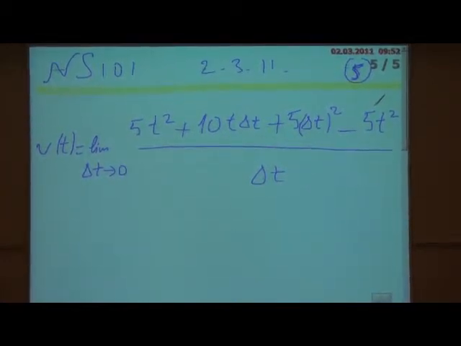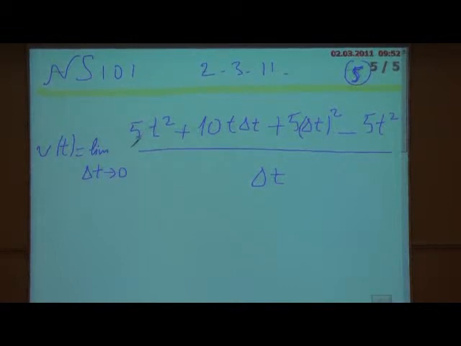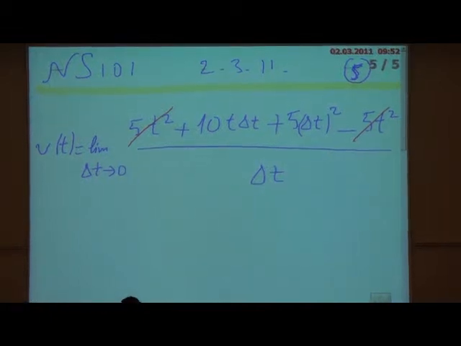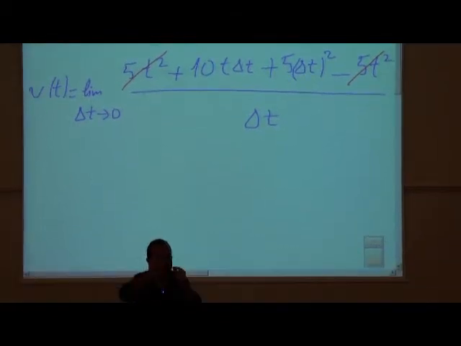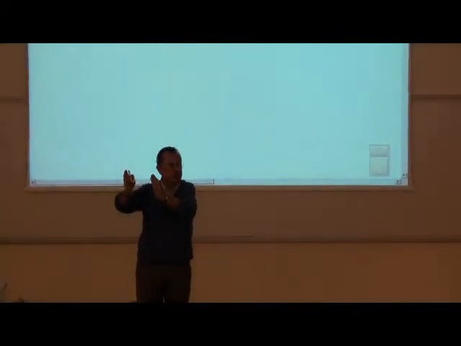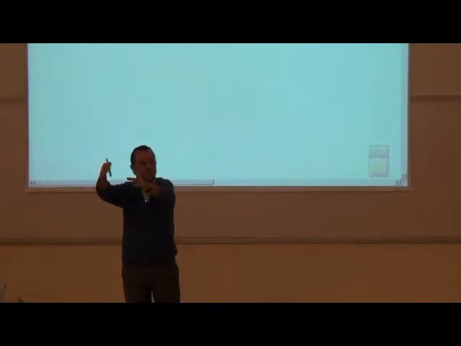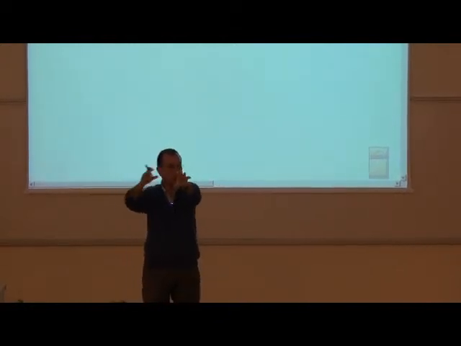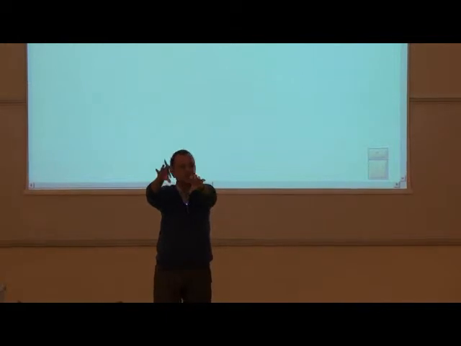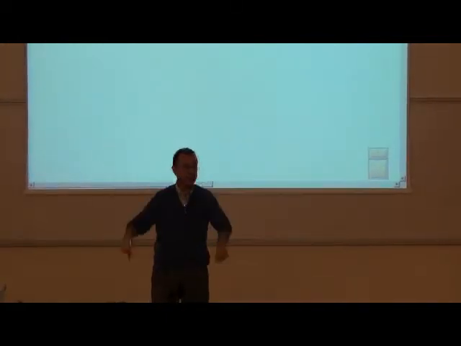Now I have a 5t squared here, and this cancels. This will always happen. The physical reason is because the position of the particle at t plus delta t is not far from the position at t. It's the position at t plus some step that it has done. So the position at t will be there to start with, and then there will be some extra terms. And that will cancel.